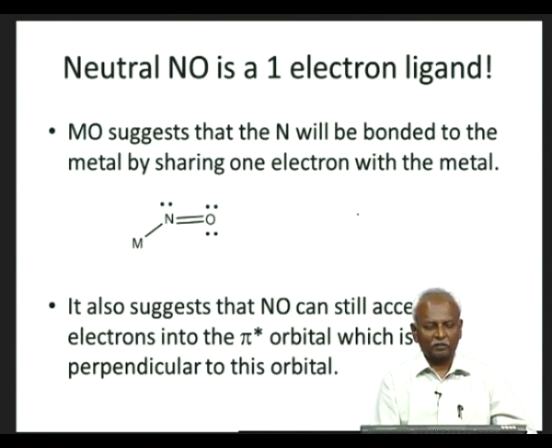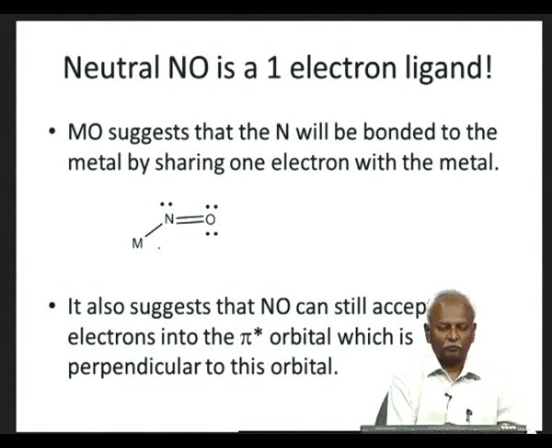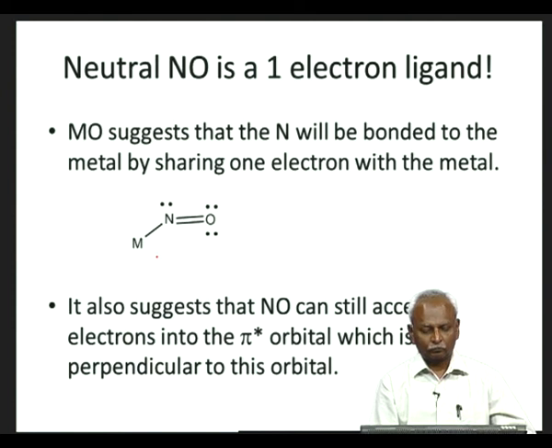The molecular orbital picture is something that is more difficult to arrive at in the case of the bent NO system, because you would have to calculate the energies of the bent and the linear system and show that the bent NO, if it is not ionized, is the right structure for this molecule.